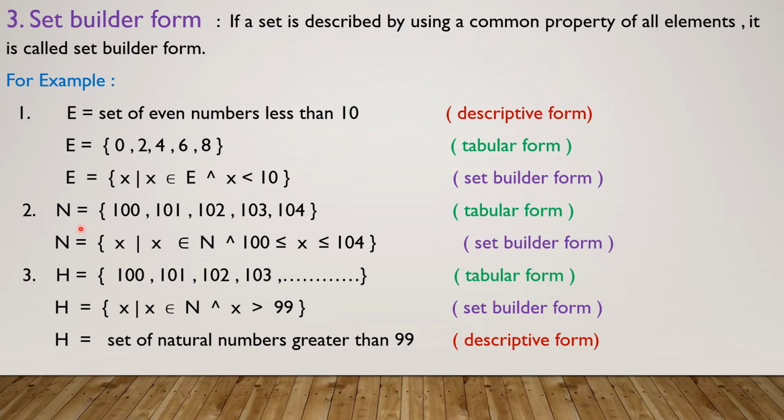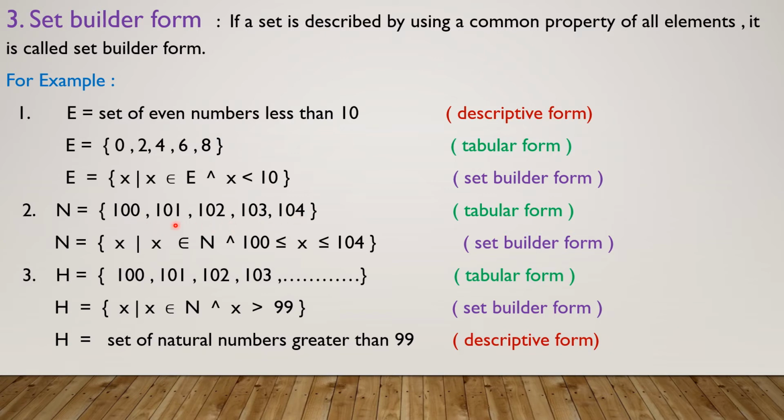Next set is natural numbers starting from 100 and ending at 104. So how will we write this set in set builder form? Starting with braces, we will express all of these elements by writing x such that x belongs to natural numbers, because all of these are natural numbers.